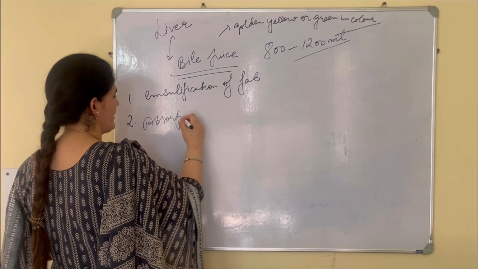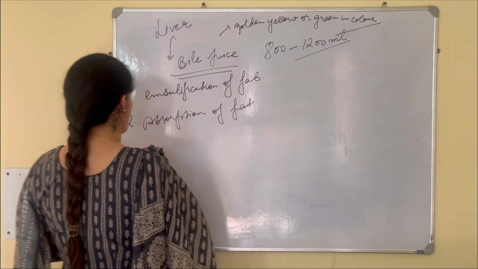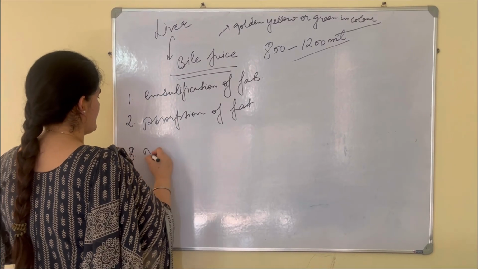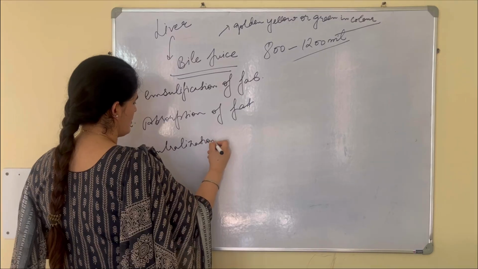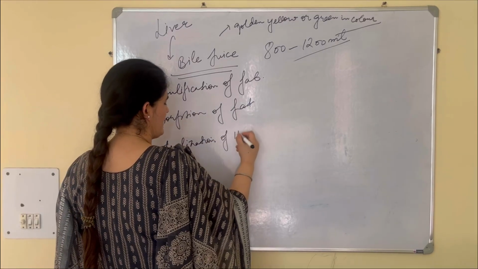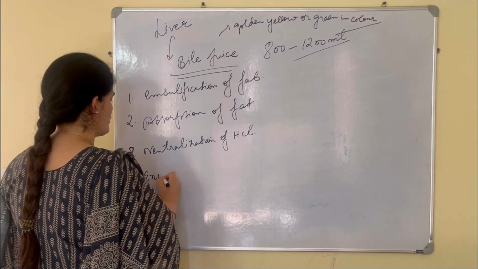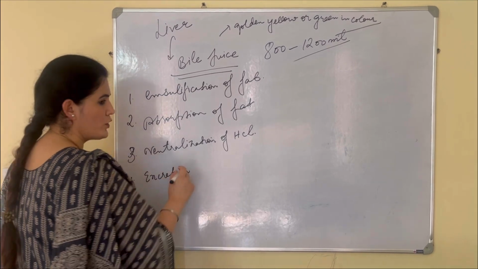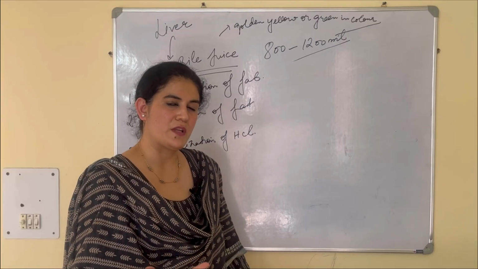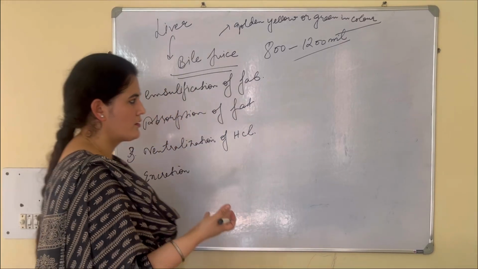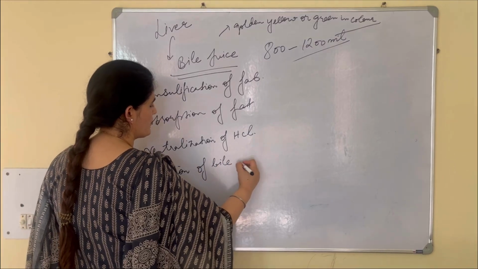Second is absorption of fat. Third is neutralization of HCl. Fourth is excretion of bile pigment. I told you, bile pigments are excreted, that's why the color of our fecal matter is yellow.